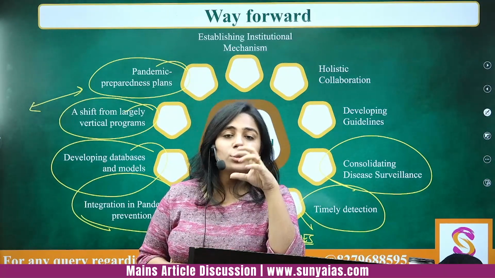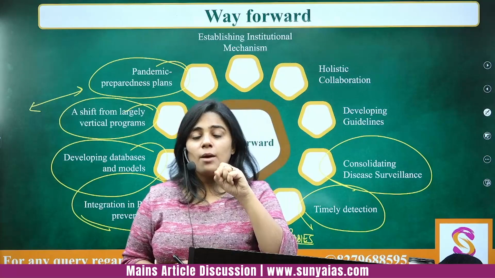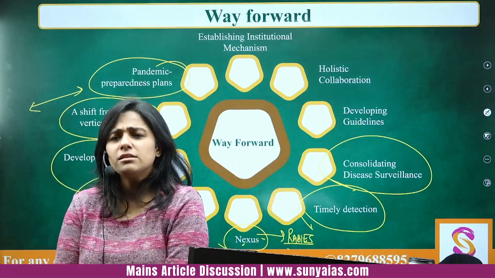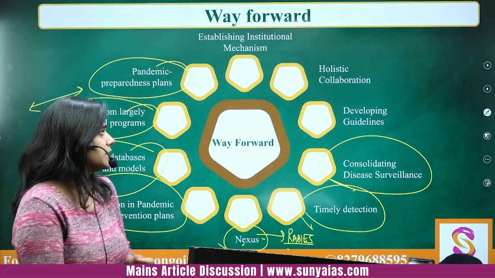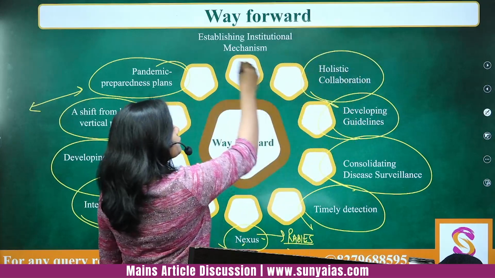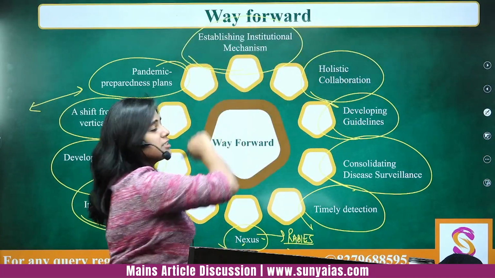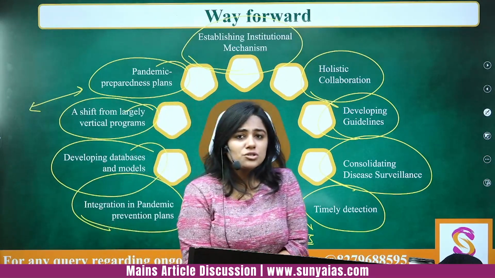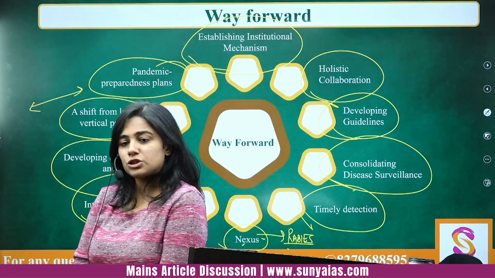How? Because the database was already there. But in India this database and sequencing is a little slower, so that has to be increased. Guidelines have to be developed. Various ministries have to collaborate, and an institutional mechanism is needed. So a One Health forum or a One Health institution can be established.